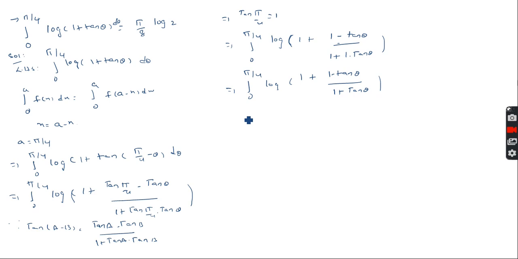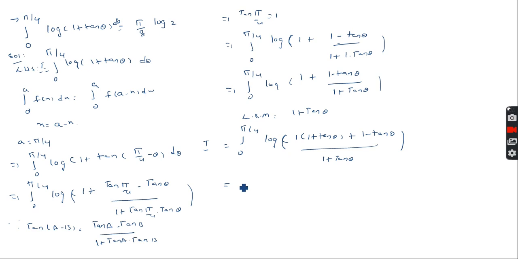Here what is the LCM? The LCM is 1 plus tan theta. So taking this as I, I is equal to the integral from 0 to pi by 4 of log of 1 into 1 plus tan theta plus 1 minus tan theta, divided by 1 plus tan theta.